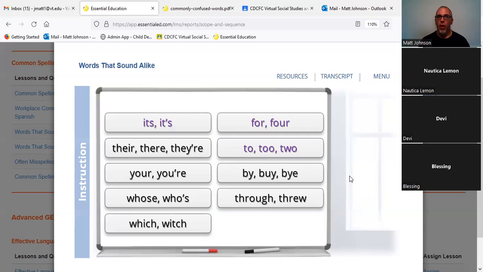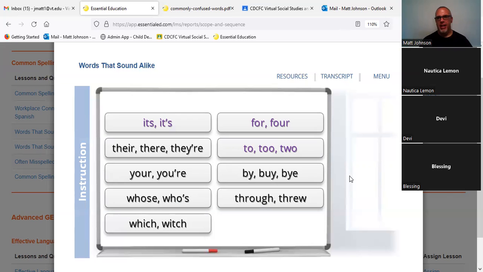Your and you're, right? You're is the contraction for you are. Your is a possessive pronoun: your pencil, your computer, your laptop, whatever. And you're is the pronoun and a verb: you are going to the movies with us.